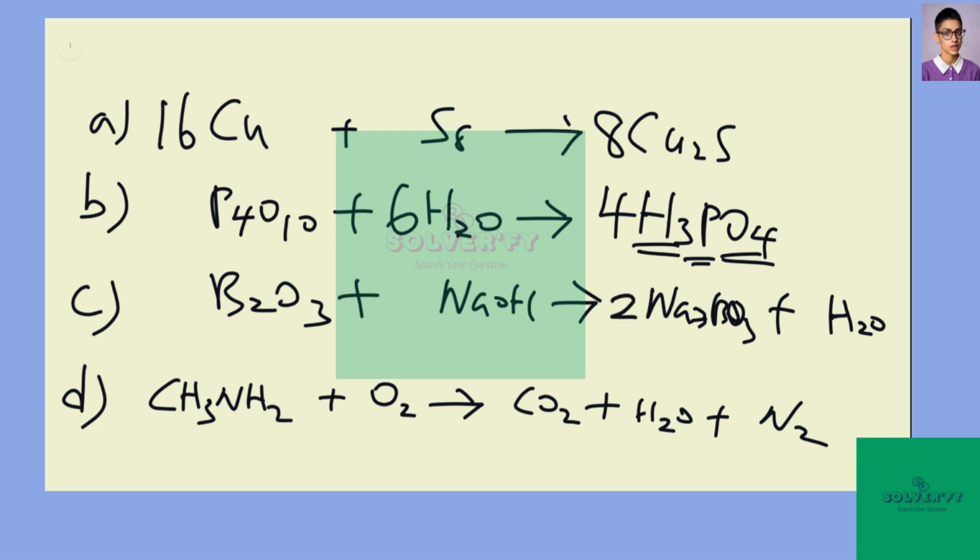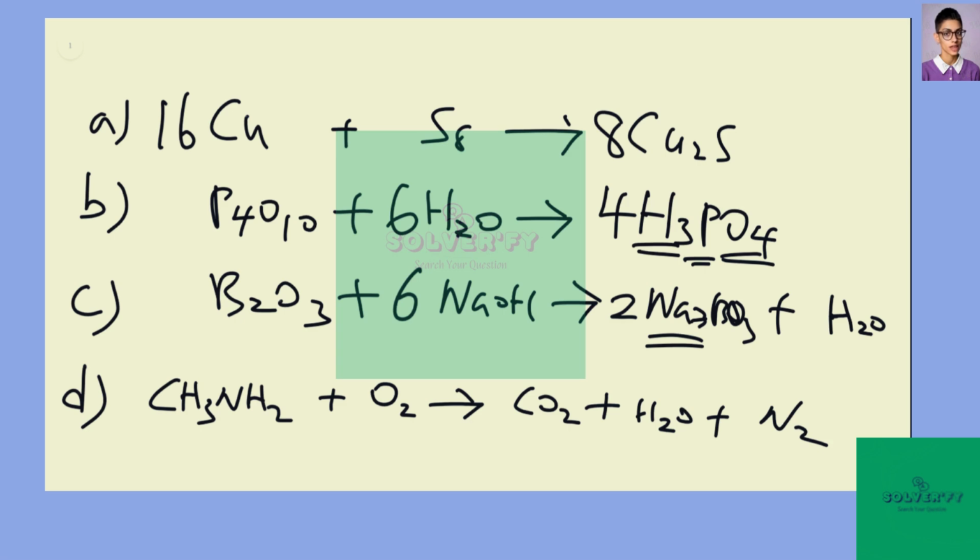We have 2 boron on the left, so I put 2 in front of Na3BO3 to make sure I have 2 boron on the left and on the right. Next, on the right we have 3 sodium, but we have 2 of them, so we have 6 sodium. So I'll put 6 in front of sodium hydroxide in order to balance the sodium.